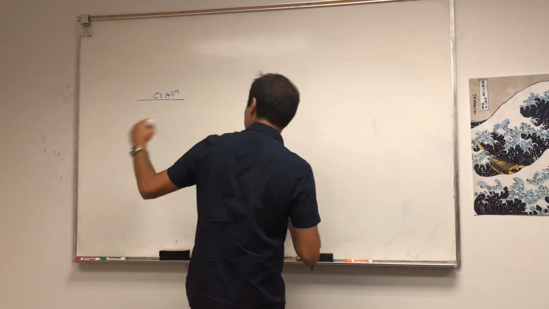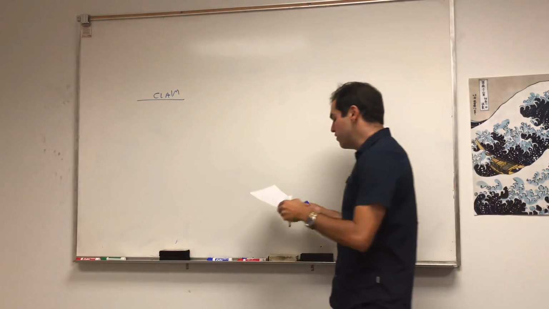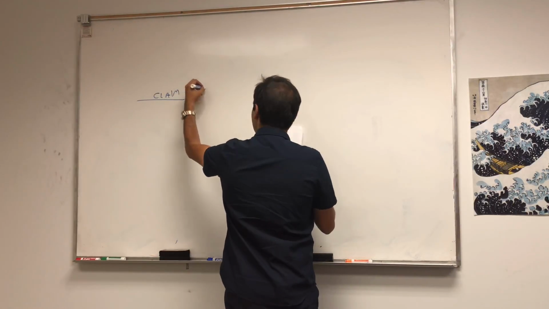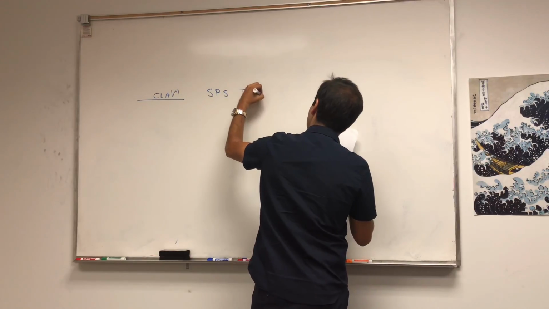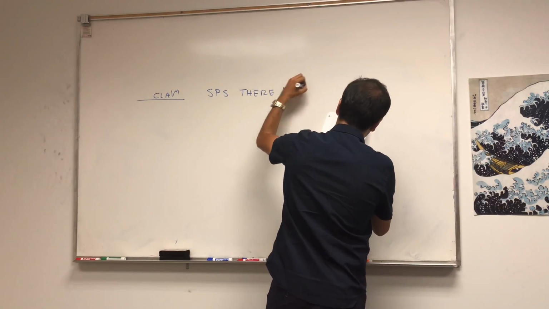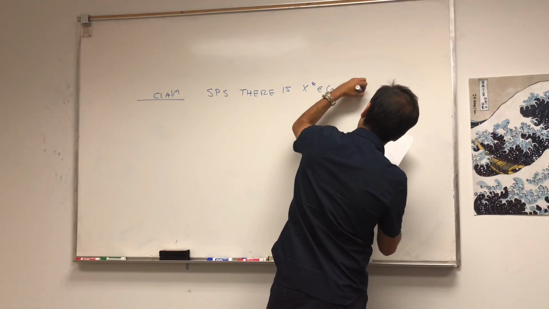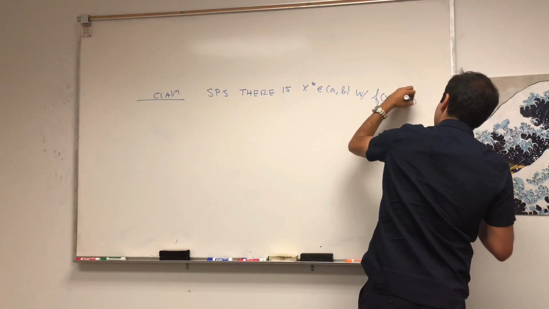Suppose you have a function, I guess twice differentiable, whose derivatives are continuous. Again, we'll sweep this under the rug, but suppose there is actually a solution. So suppose there is x star in (a, b) with f of x star equals 0.